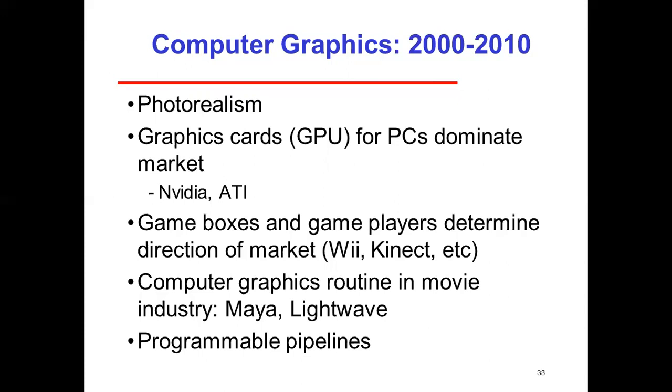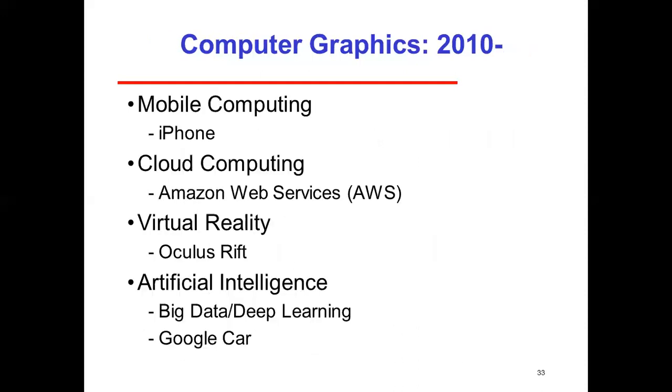We can develop real images. It gives real reality. Game boxes and game players determine the direction of the market, computer graphics is routine in movies, Maya, Lightwave. These are the names of various software we use to provide animation as well as in the design of movies, programmable pipelines.